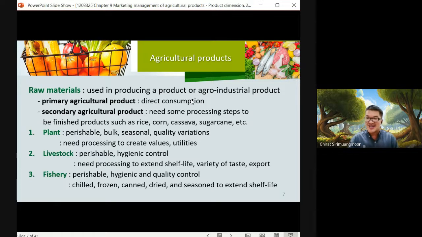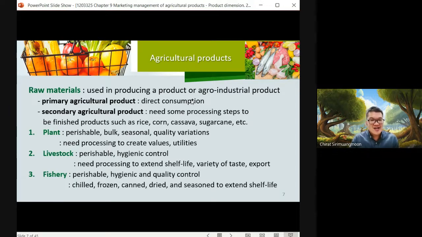So it's bulky. It's seasonal, because most of the products happen with the season, like seasonal issues. So we have the production time, the harvest time, and the collecting time. Then the quality variation we need to be concerned about: it's normal for agriculture that every single product is not the same, it's different.